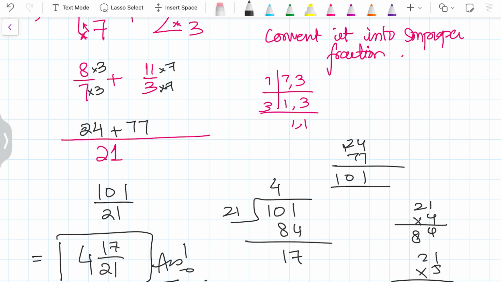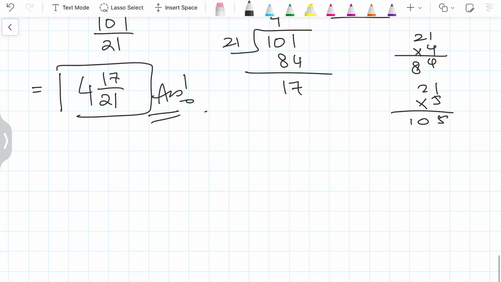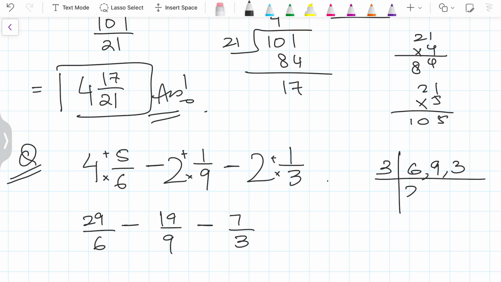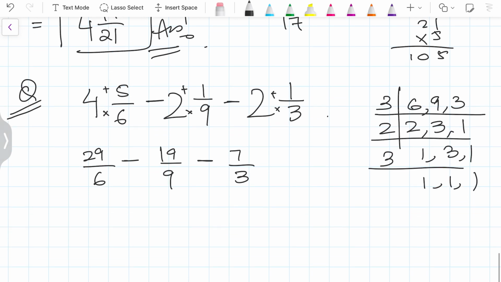Let's do addition of more than two numbers. So for example, you have something like 4 whole 5 upon 6 plus 2 whole 1 upon 9 plus 2 whole 1 upon 3. Convert all of them into improper fractions, and then plus. 24 plus 5 is a 29 upon 6, 19 upon 9, 7 upon 3. Now the LCM of 6, 9 and 3 is going to be 18.